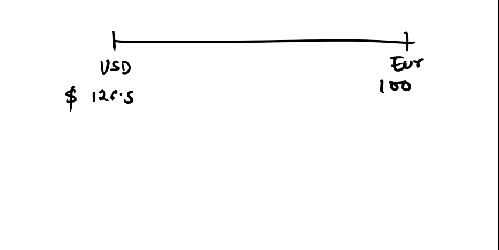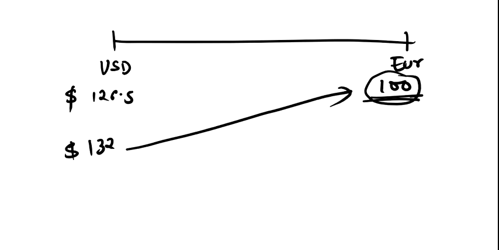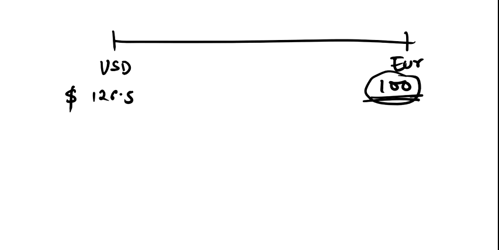You are fixing it, means you don't want it to fluctuate, because suppose after 1 year you need 100 euros, but the rate of the euro increased and now you have to pay $132 to take 100 euros. You don't want such things to happen. You want to hedge your risk.